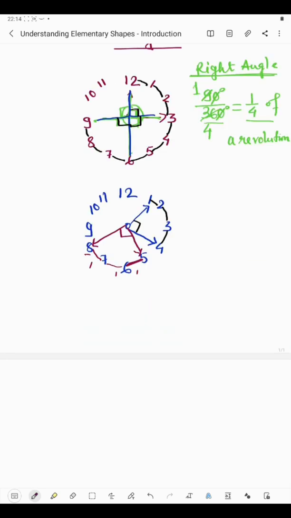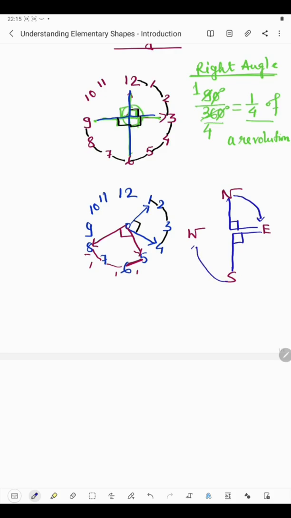Now we already know the four directions: north, south, east, west. This is easier than a clock. Because if it moves from north to east, it forms a right angle. Again from east to south forms a right angle.